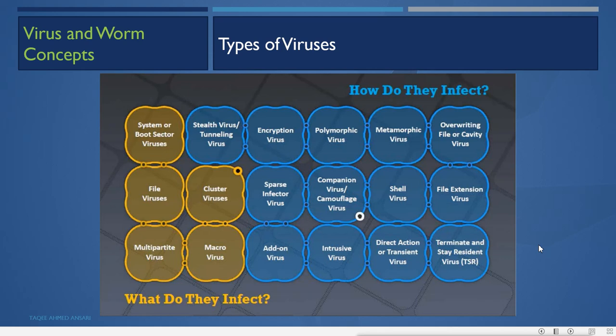Types of viruses. Now we have different types of viruses available. How do they infect? It depends on how they infect. Some of these are system or boot sector viruses.